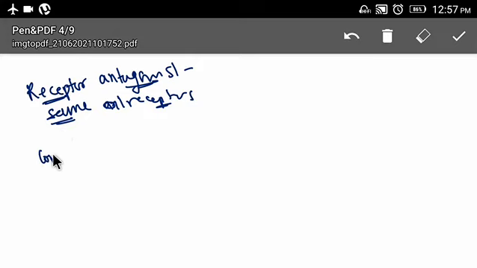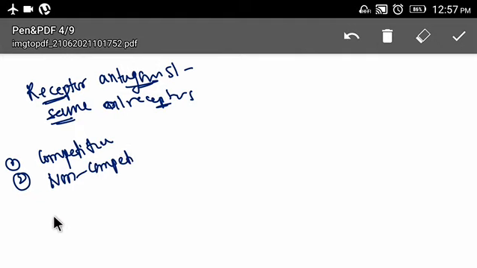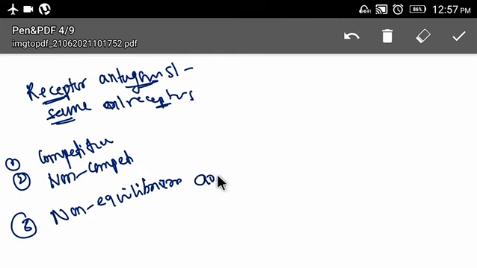One is competitive receptor antagonism, second one is non-competitive receptor antagonism, third one is non-equilibrium antagonism. These are the three types of receptor antagonism.